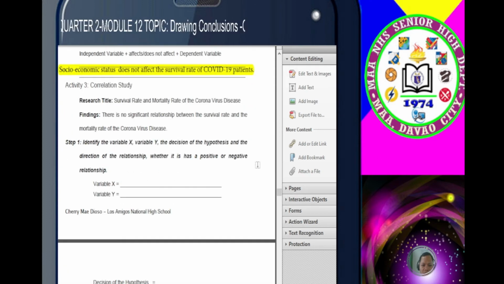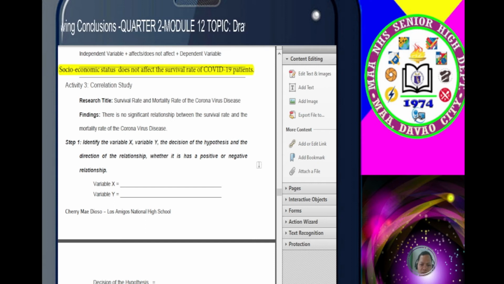Let's have another. For correlational studies, survival rate and mortality rate of the coronavirus disease. The findings is there is no significant relationship between survival rate and the mortality rate of the coronavirus disease. First, identify again our variable x and variable y.